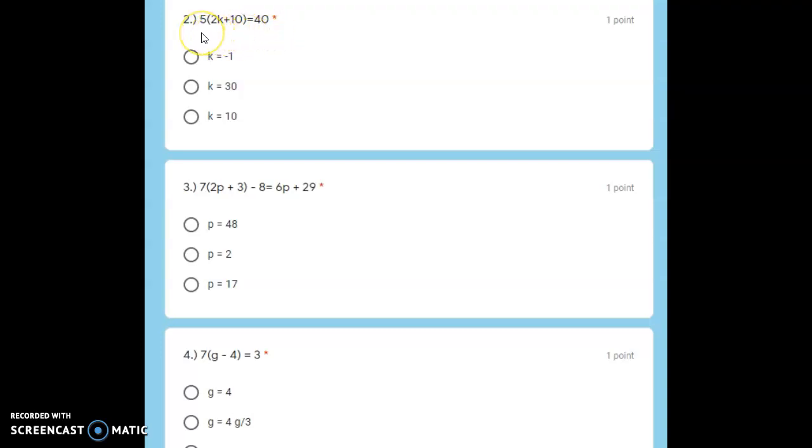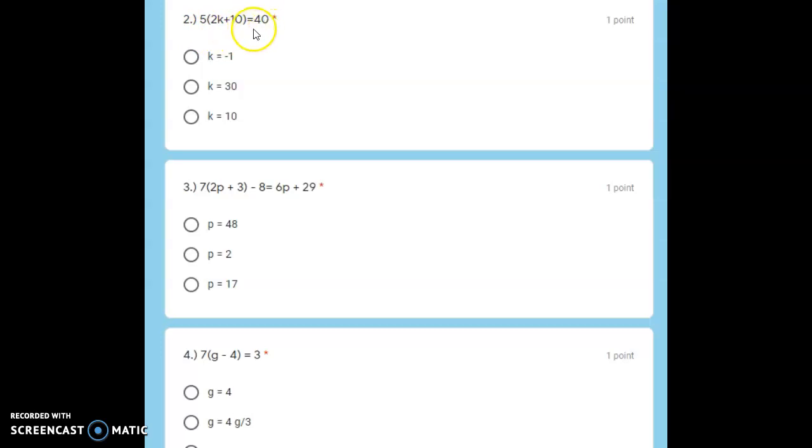So if you were to rewrite this equation using the distributive property, it would look something like 10k plus 50 equals 40. And remember how we got to that is because the 5 times the 2k would become 10k. And the 5 times the 10 would become 50.